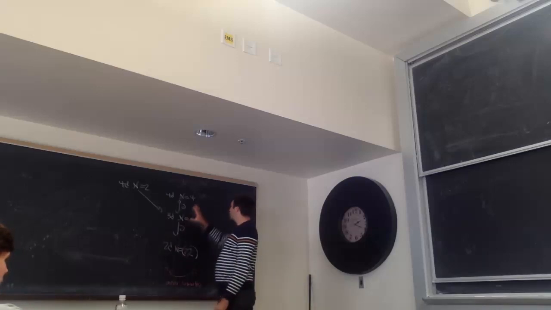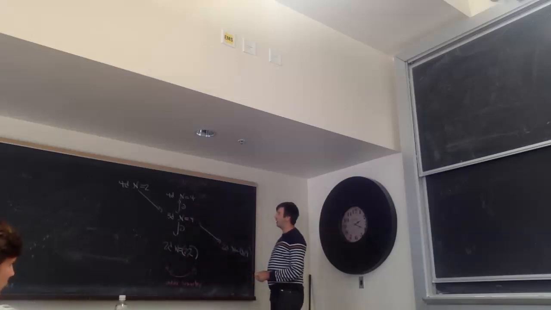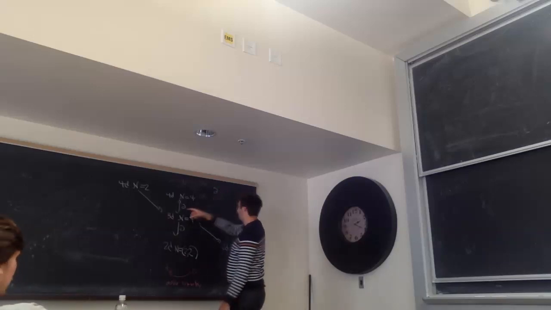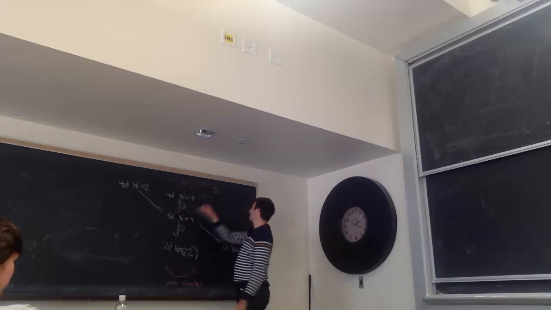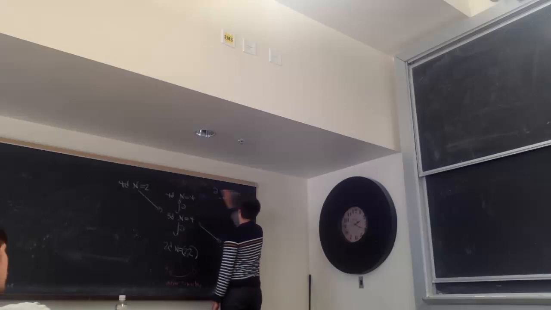And so there's two kinds of relationships going on in this picture. The first ones are these that I've drawn as an inclusion with this boundary, and these are boundary-bulk relationships.